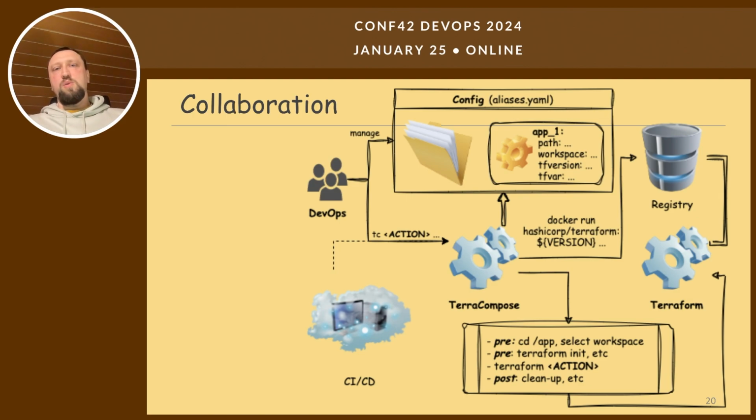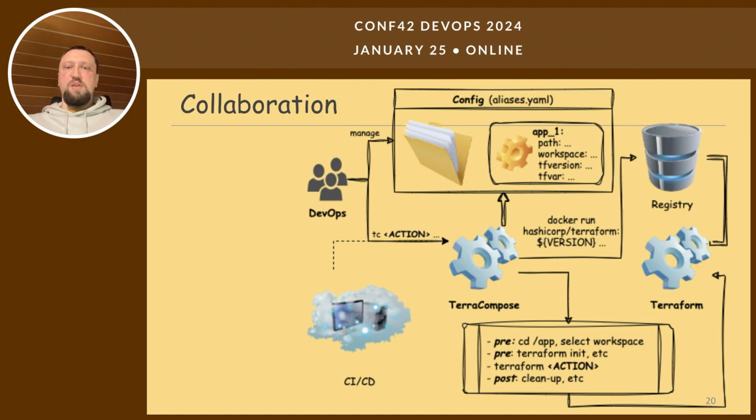If we take a look at the collaboration diagram, here we can see that when we trigger a Terra Compose action, under the hood, Terra Compose will read the configuration, which is written in the config file, and based on that, run a Terraform command inside Docker.